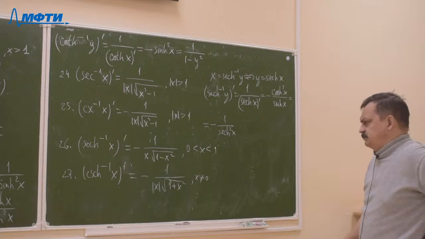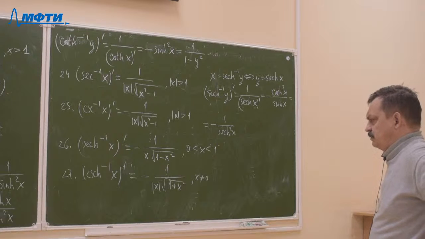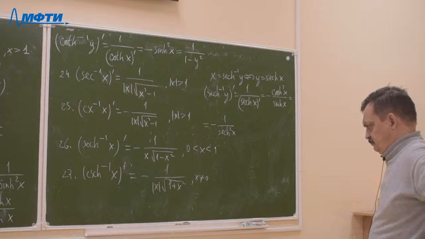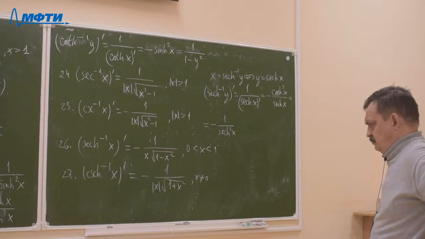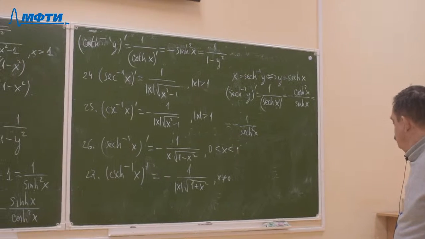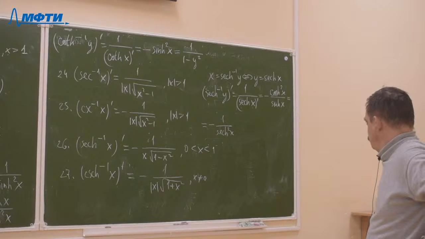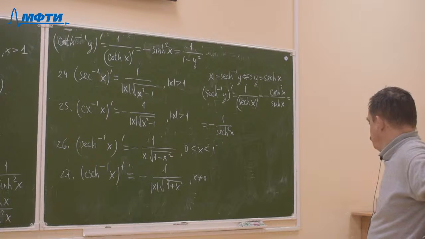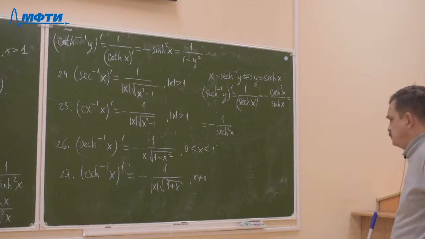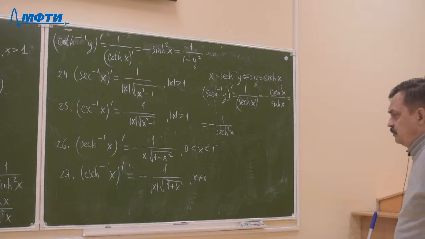Wait. 1 over cosine hyperbolic, sine hyperbolic over cosine hyperbolic, and sine hyperbolic square root of.